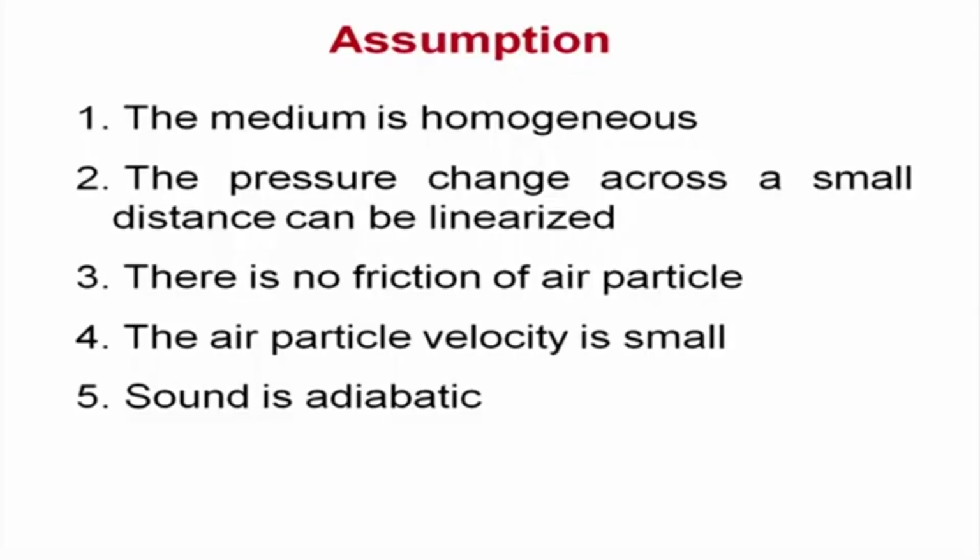Okay. Now, if that is the theory, using these three laws we have to derive the wave equation. So, if you see the slides, the assumptions I have stated are: the medium is homogeneous, pressure changes across a small distance, there is no friction in air, particle velocity is small, and sound is adiabatic.